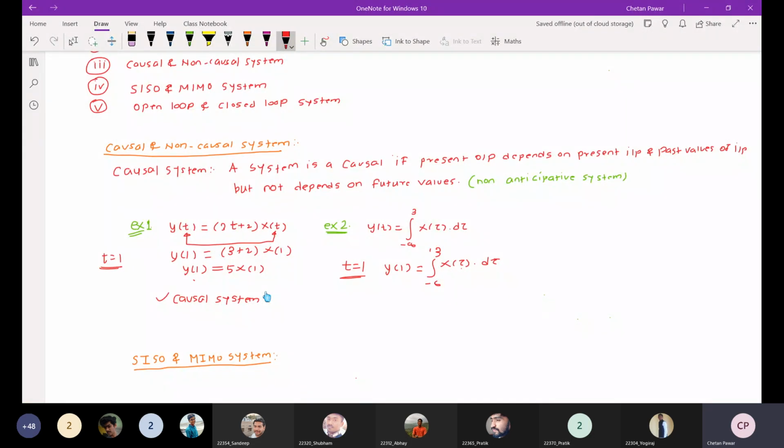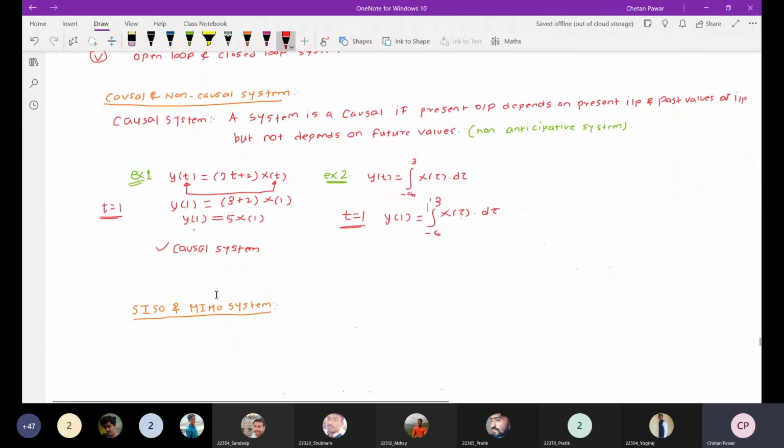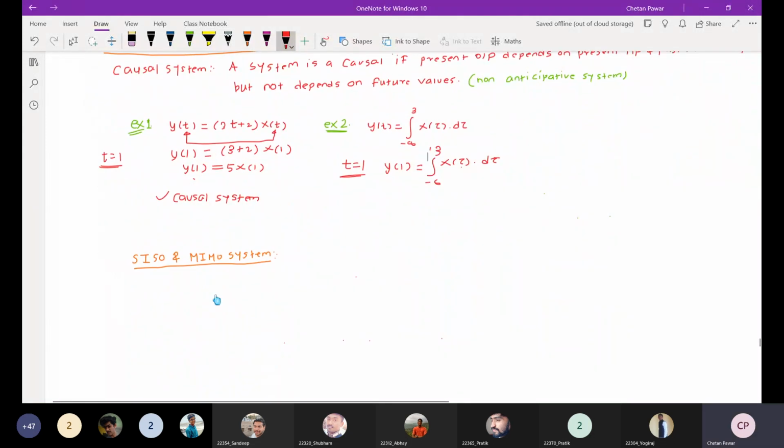We say a system is causal if the present output depends on the present input and past values of the input. So, for example, this is the output time axis, y of t, and this is the input time axis, x of t.